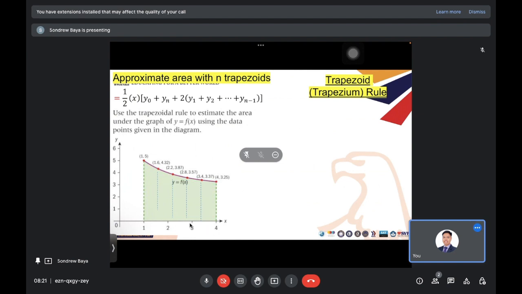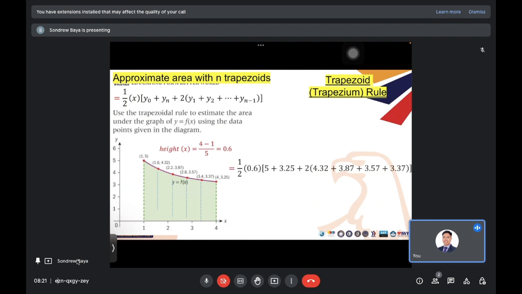So the total width should be shared equally among the 5 trapezoids. That's why we need to divide it by 5. That would now be 4 minus 1, which is the upper and the lower boundary, divided by the 5 trapezoids. That means each trapezoid will have a width of 0.6 units. Since we already know this information, we can now proceed with applying the rule.